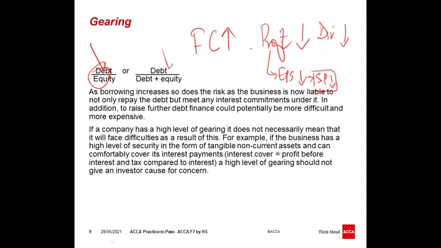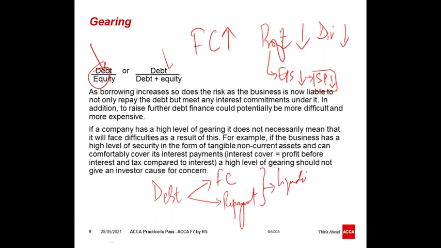Similarly, if the company has got debt, they need to repay the finance cost and the repayment of the loan. So if the repayment is close, then you need to see the liquidity position of the business. If the liquidity is poor, that means the business is facing a going concern issue.